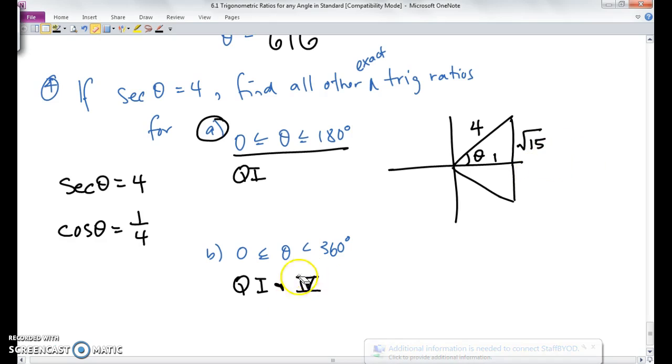Down here, if I'm in quadrant 4, now the sine, the tangent, the cotangent, the cosecant all become negative. So we'll have positive and negative for those 4, but cosine and secant will be positive in both of those quadrants. Okay? So I'm going to leave it there.